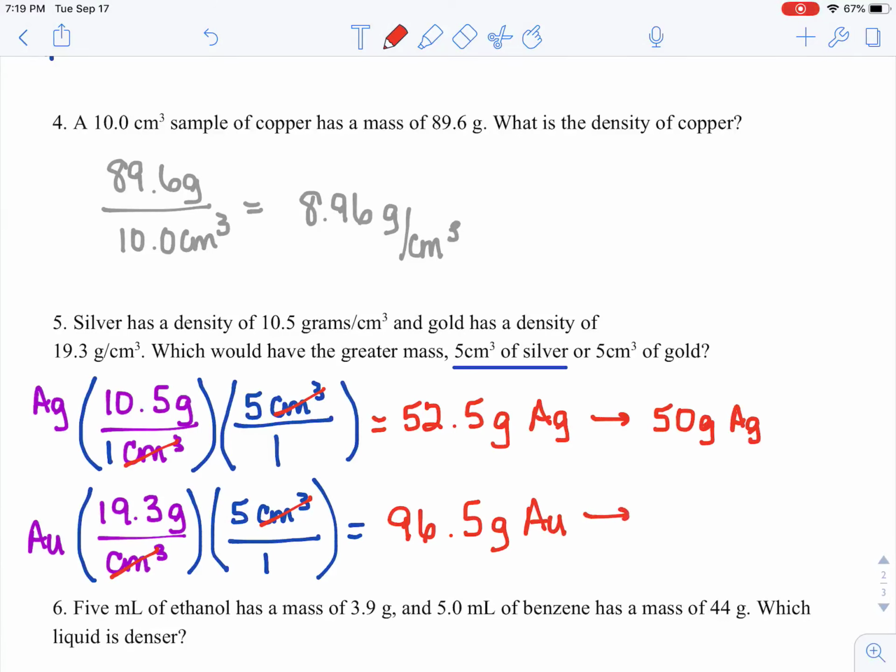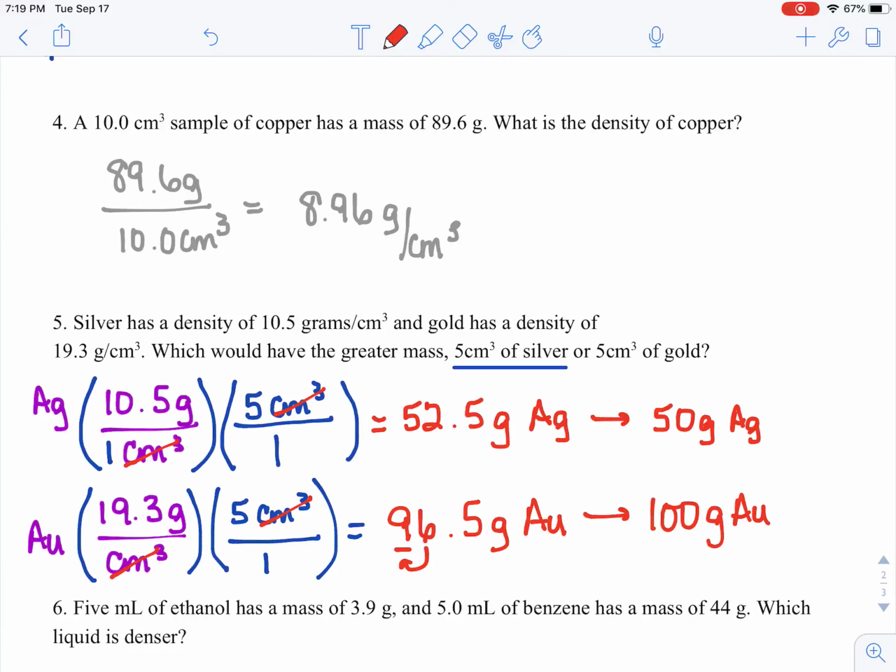Again, if I had to round my answer, I'd have to round it to 100 grams of Au, because I need one significant figure, and I'm rounding a 9 with a 6, so that's going to give me 100 grams.